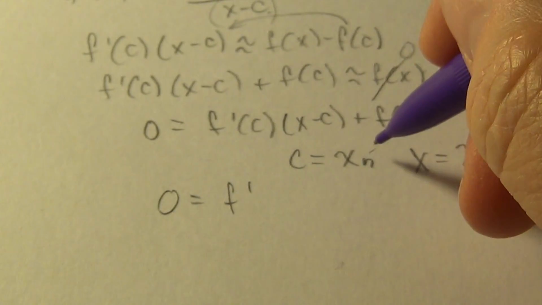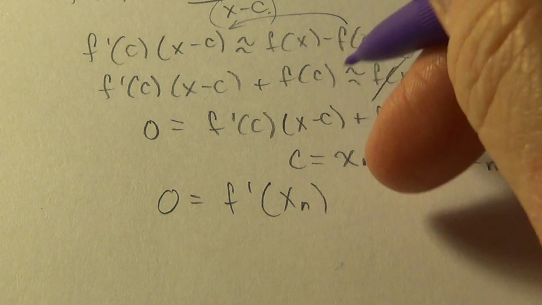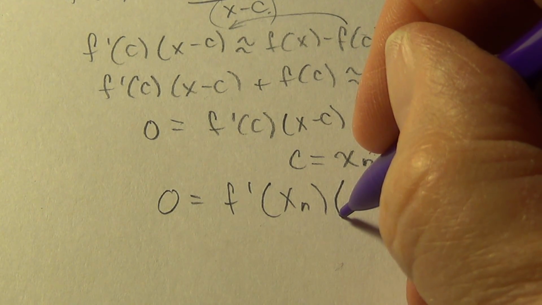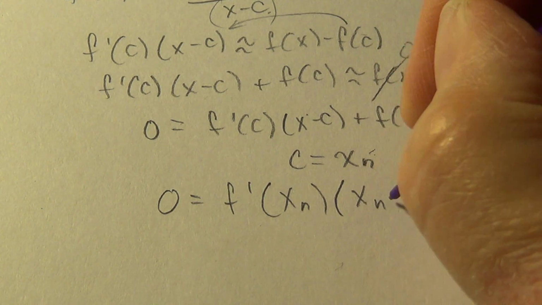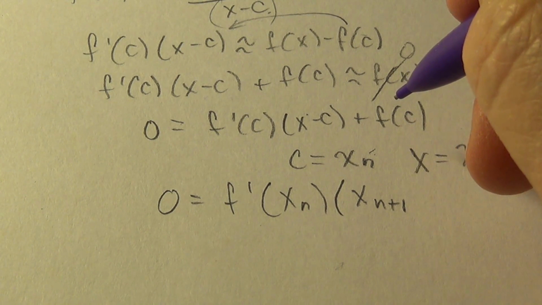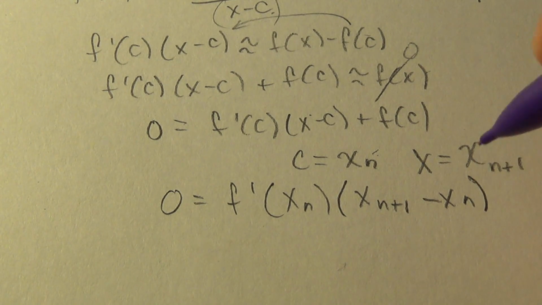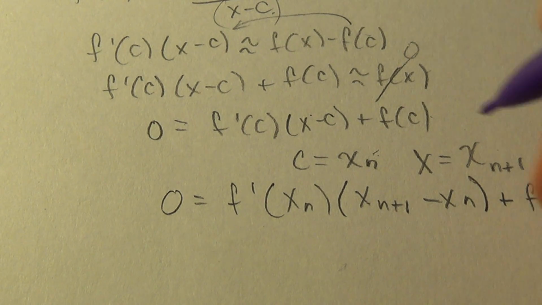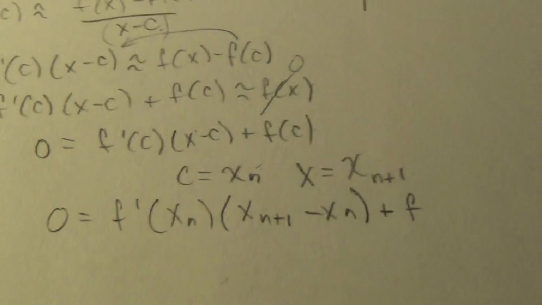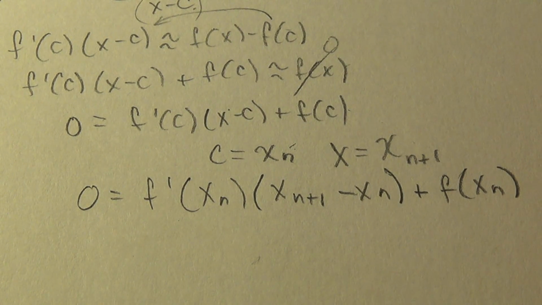So I'm going to get 0 equals f prime, c is now x sub n, times, here we hit x, so I'm going to call that x sub n plus 1 minus x sub n, plus f of c, so f of x sub n. All right, I made those substitutions.